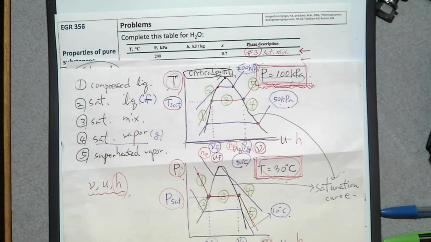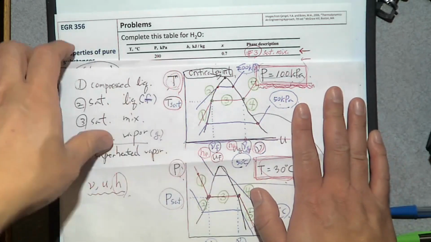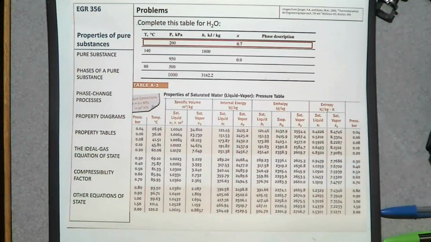T sat. Since it is a saturated mixture, which means it is presently undergoing phase change, what is the temperature? Saturation temperature. So we just need to find the saturation temperature at 200 kilopascal.